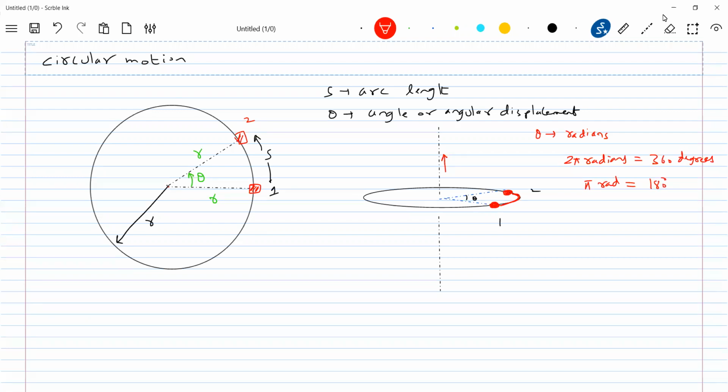Like this we can write it. Degrees we indicate like this.